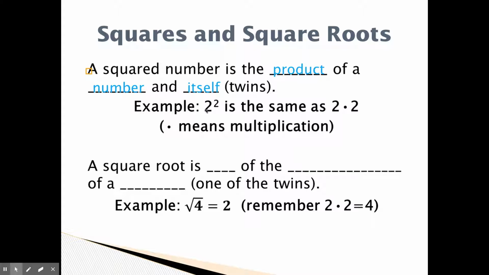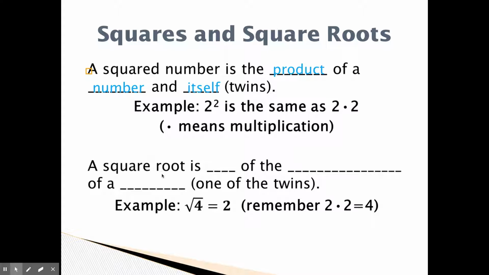For example, 2 squared is the same as saying 2 times 2. We know 2 times 2 is 4, so 2 squared is 4. 3 squared would be the same as 3 times 3, which would be 9. And 4 squared would be the same as 4 times 4, which we know is 16. So 4 squared equals 16.